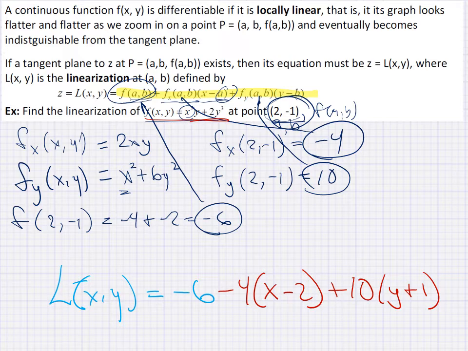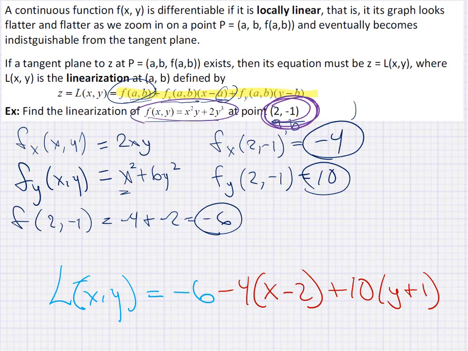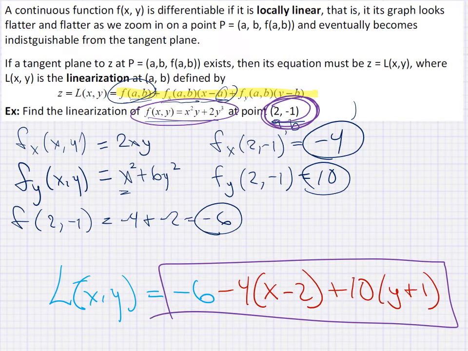So the idea here is, again, at this location, this function and this function behave exactly the same. There is no difference between this plane and this function at this location.